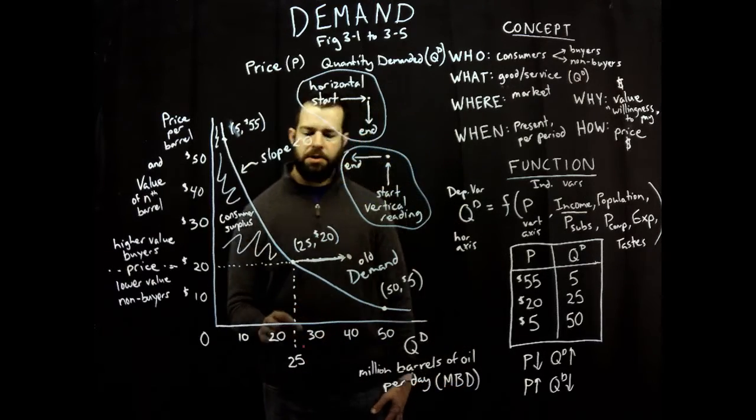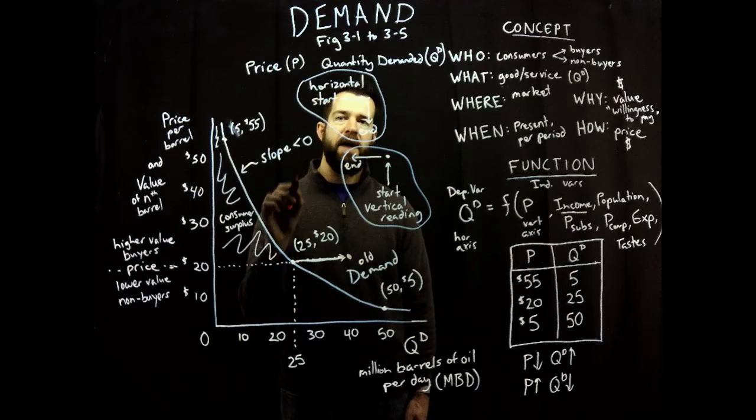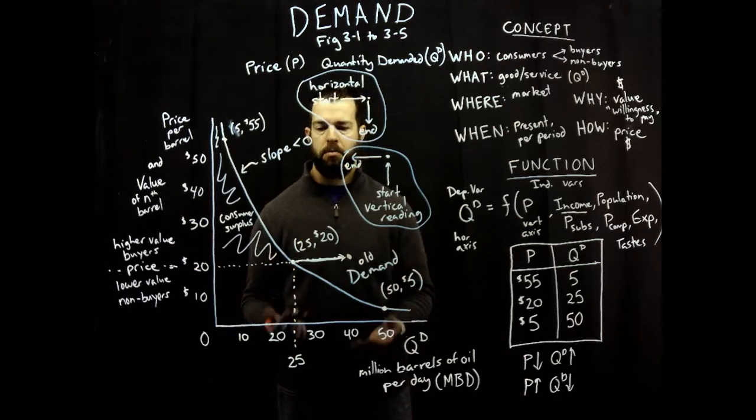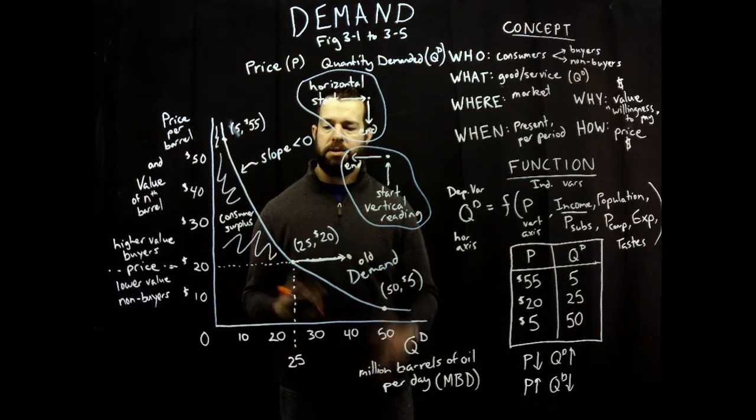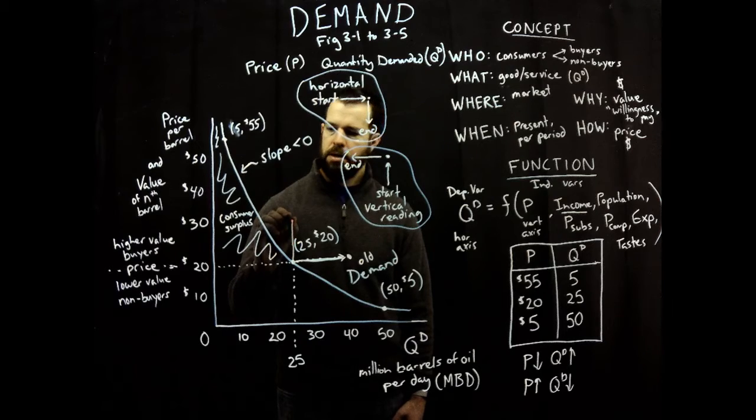And we can also look at it vertically. We could say for the 25 millionth barrel of oil per day, that consumer now has a higher value for it because they have more income. They're more willing and more able to pay for that product. And so we'll have a vertical reading that would say when 25 million barrels of oil per day is produced, consumers are willing and able to buy more.